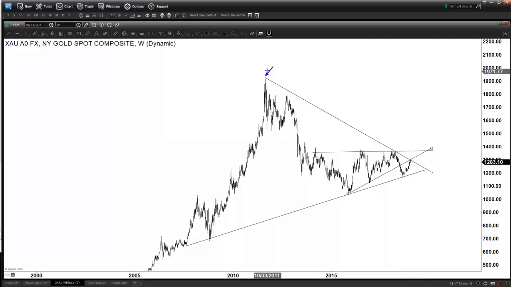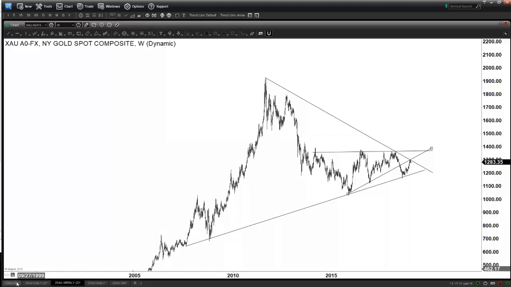But gold is in a situation in which we are going to get a decision very soon. It won't get trapped forever. I know this is a weekly chart and it can take months before we get a decision, but that's where we are in the bigger picture in gold.